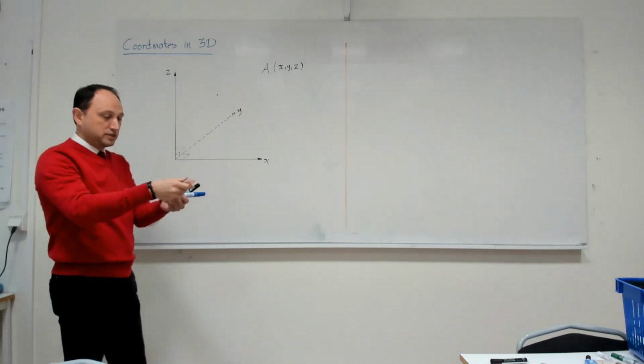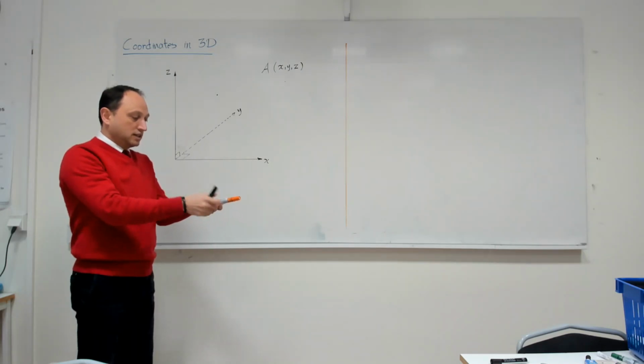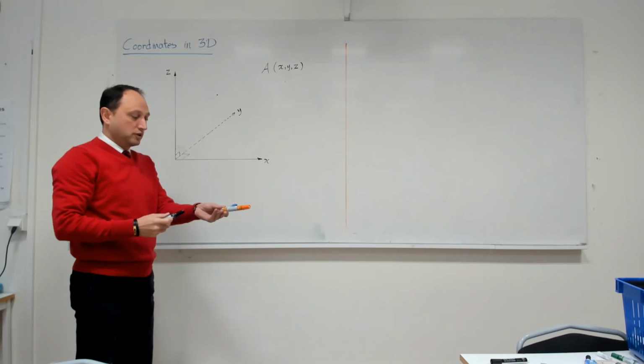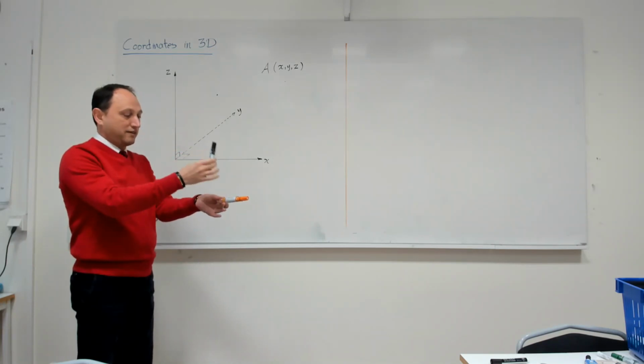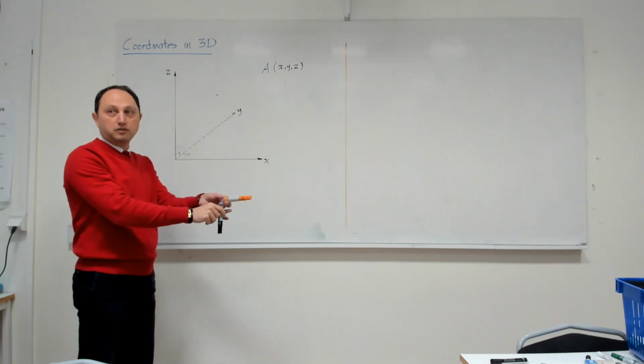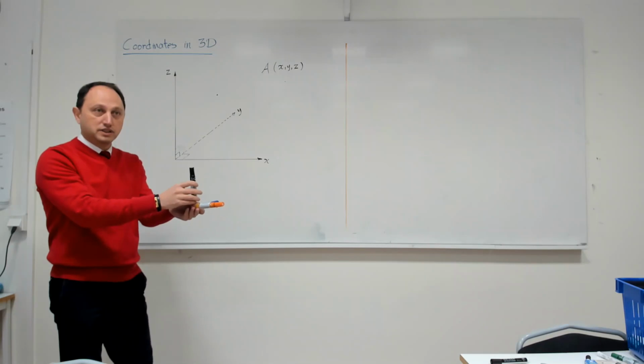For example, if this is the x-axis and this is the y-axis, this is the positive part of the x-axis, this is the positive part of the y-axis. I could choose to have z in this direction, or I can choose z in this direction. We always choose z in this direction. This is called a right-handed coordinate system.